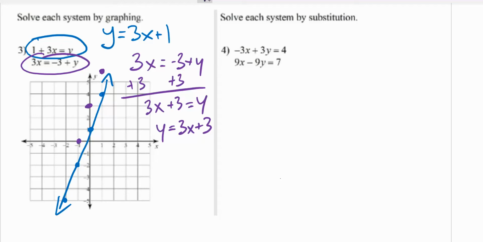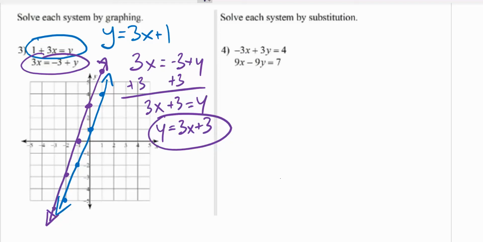Down 3 over 1, down 3 over 1, down, and we can see what's happening in these equations. Are these lines ever going to run into each other?